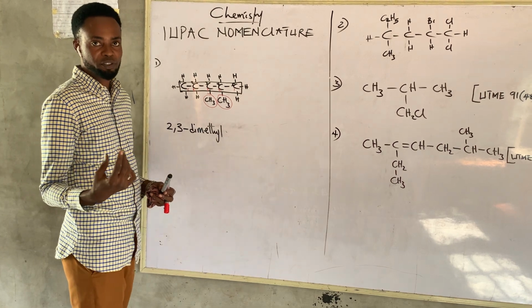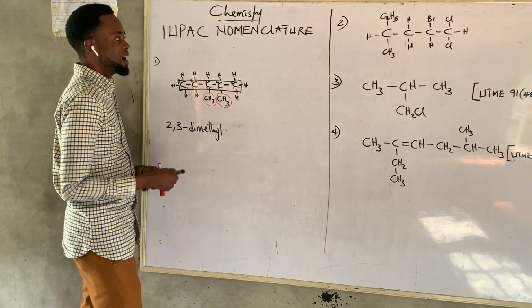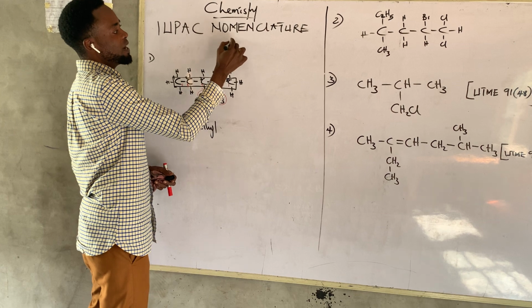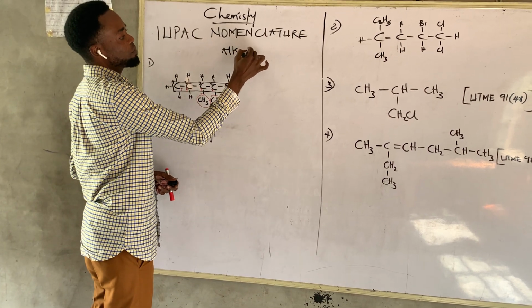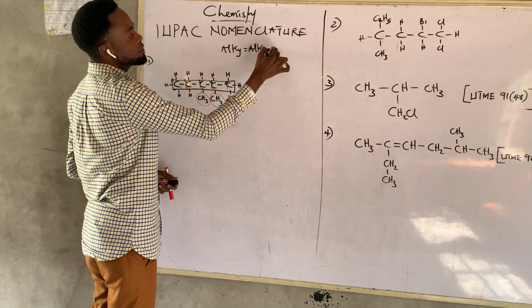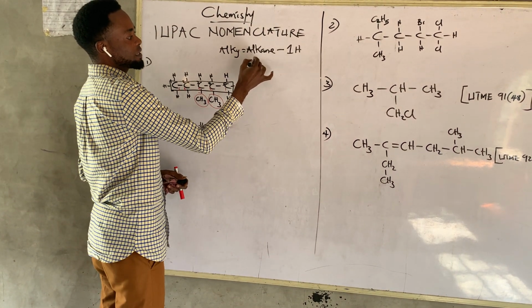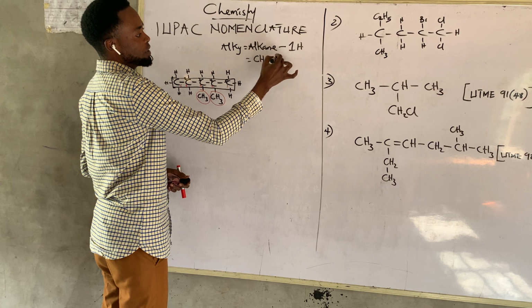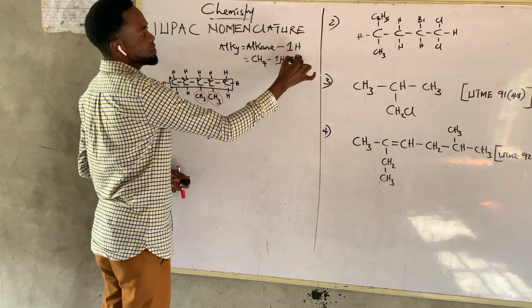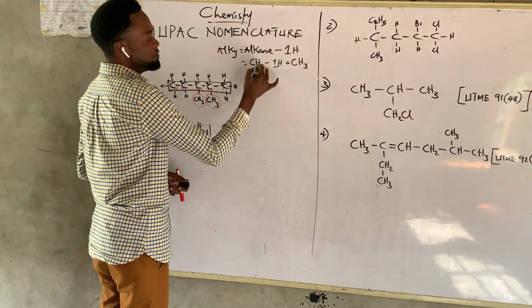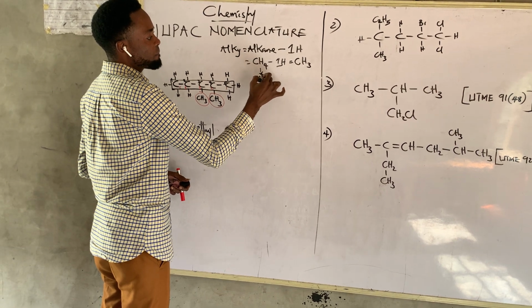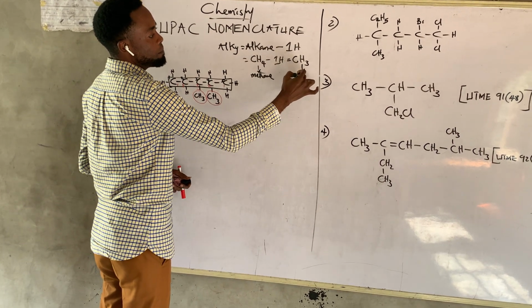You can check our previous video for this. Methyl is from alkyl. Alkyls are gotten from an alkane minus 1 hydrogen. So if I have methane, which is CH4, minus 1 hydrogen gives me CH3. So if this is methane, then this is methyl.